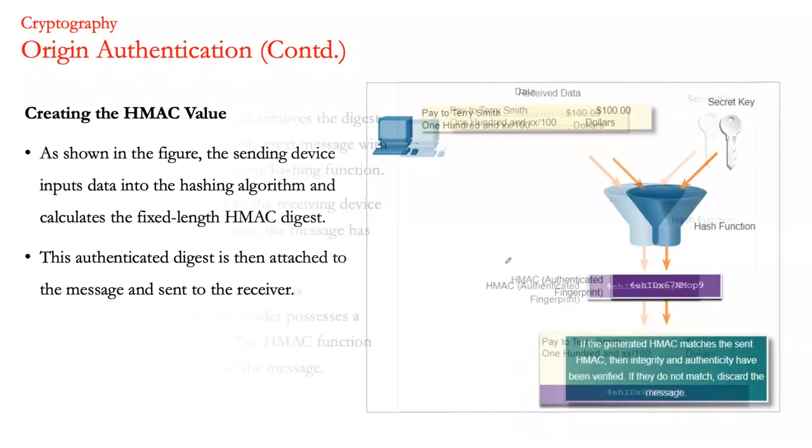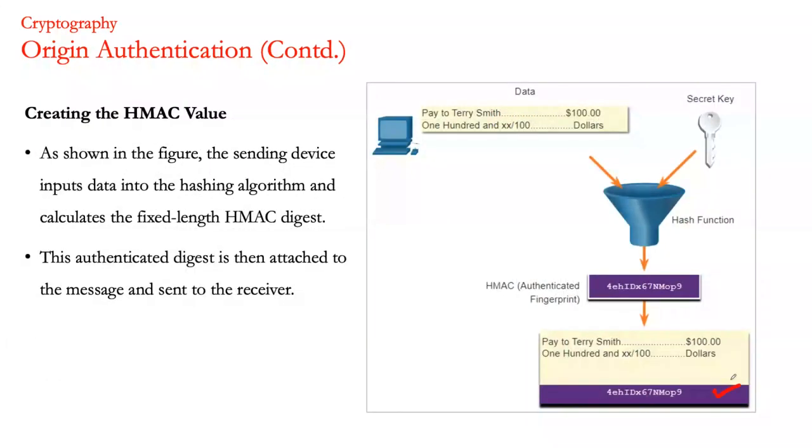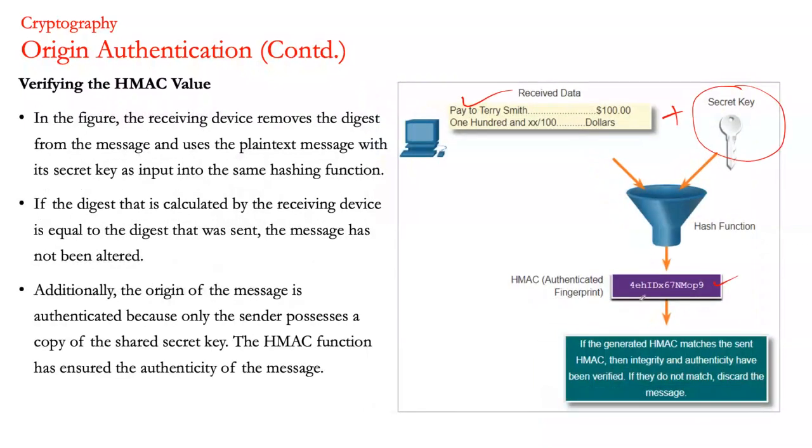The plain text and the secret key, which is already shared between both parties, because this key belongs to the sender, are given as an input, message plus secret key, to your hash function, and it generates one digest. Now this digest and the received digest are compared, a bitwise comparison. If both are matching, that means the message is received securely without any alteration.